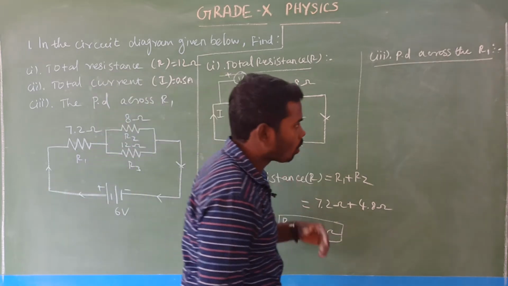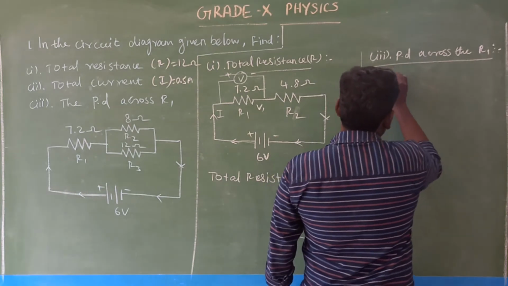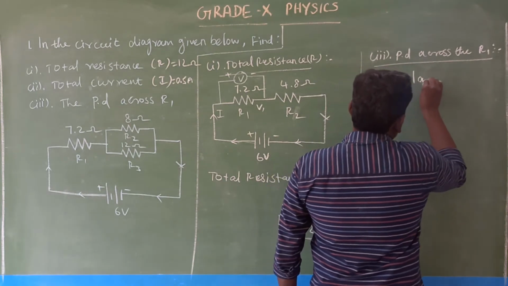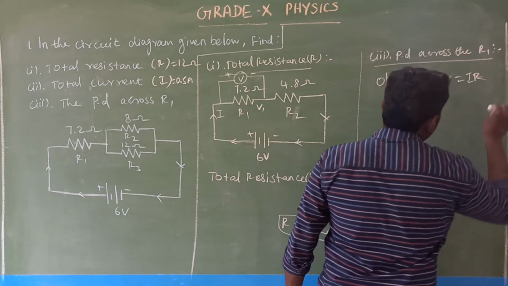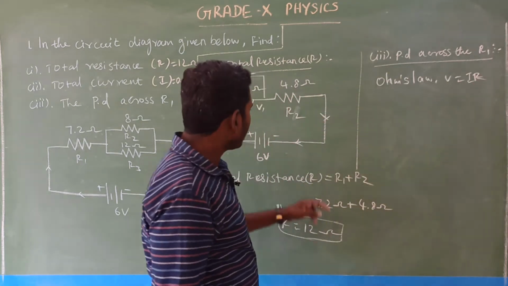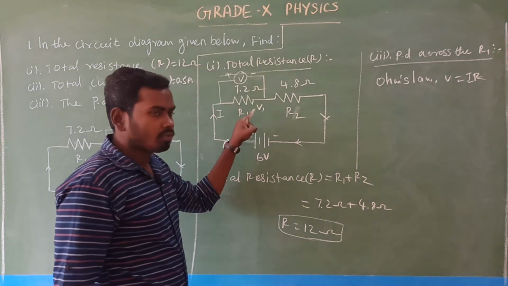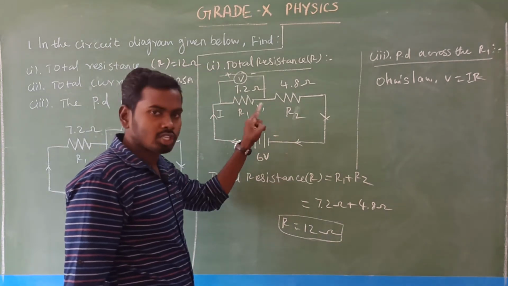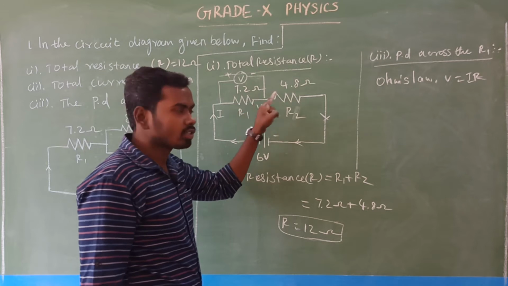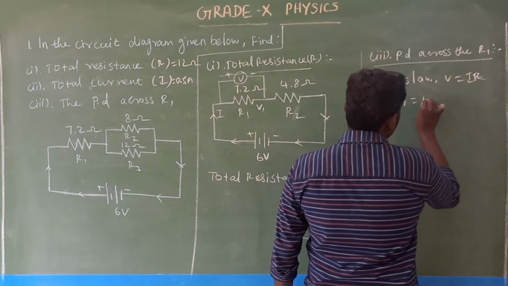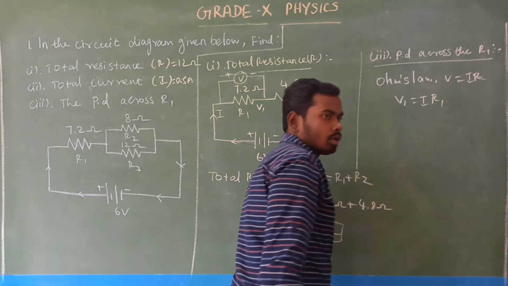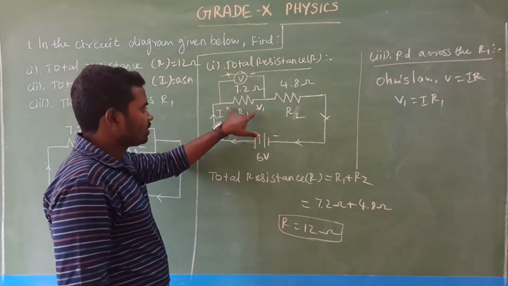So according to Ohm's law, V equal to IR. But we have two potential differences, because the total potential difference is distributed across the two resistors. So just modify the formula: V1 is equal to IR1, because we need this value only.